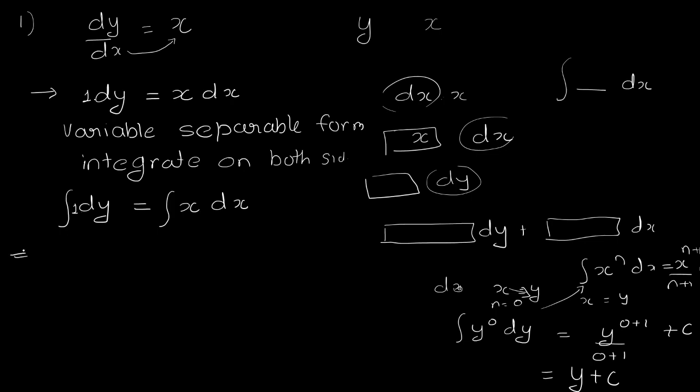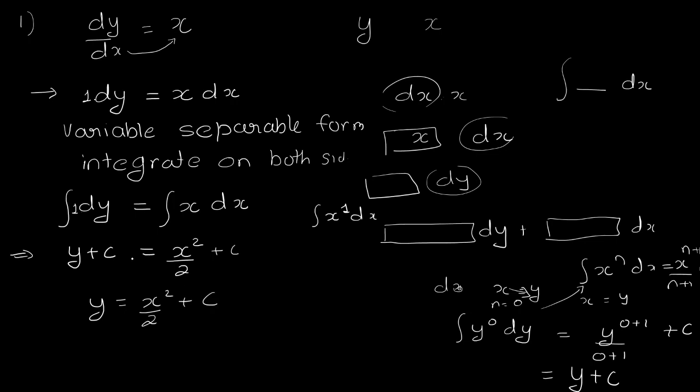So the integral of dy is y plus c, equal to the integral of x dx. This is of the form x raised to 1 dx, so it will be x square by 2 plus c. That is, y is equal to x square by 2 plus a constant.